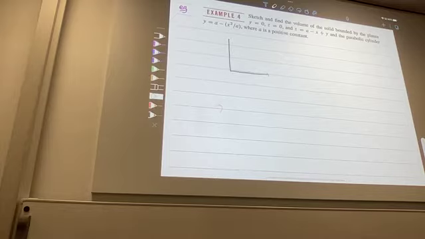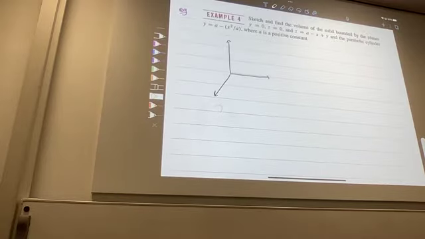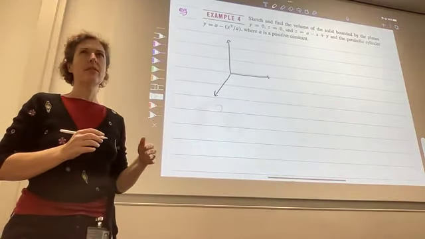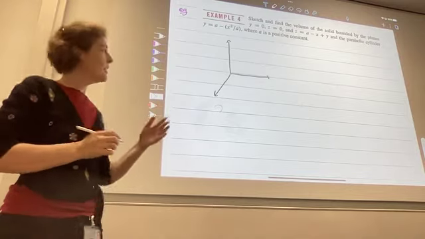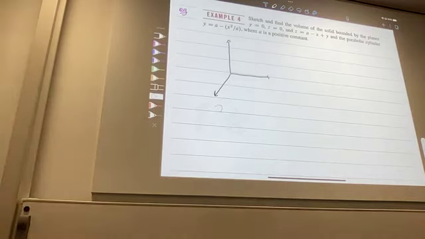This gets tricky, and I would draw it in GeoGebra if I were you. Okay. So the plane y is equal to 0. Which plane is that? It's the xz plane. So we've got x and y and z. So that's this plane here.